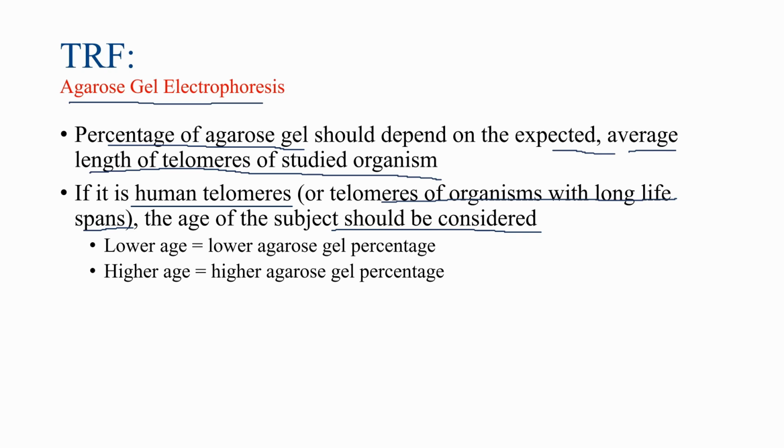For example, if you have a subject with lower age, then you will utilize a lower agarose gel percentage than if you have a subject that is of higher age, whereby you'll utilize a higher agarose gel percentage to permit the appropriate movement of the telomeres with their respective differences in lengths in the agarose gel.